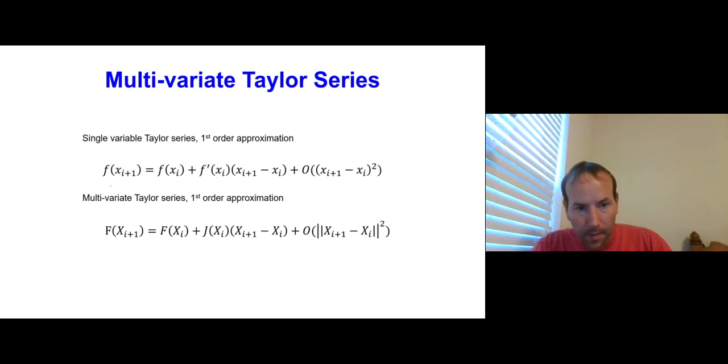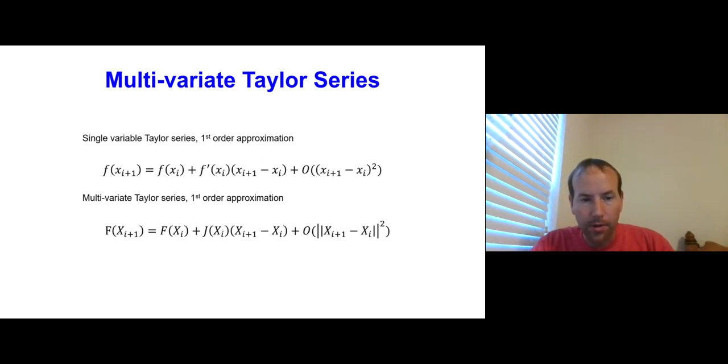As you remember from the beginning of the class, the next value of a function can be given by its current value plus some combinations of derivatives, as you see in these higher order terms. So this is written as a first order approximation.